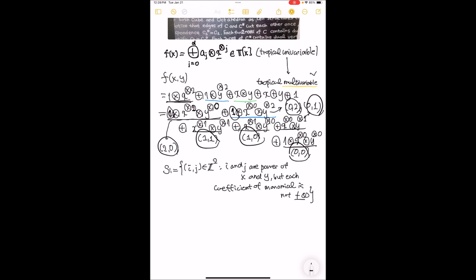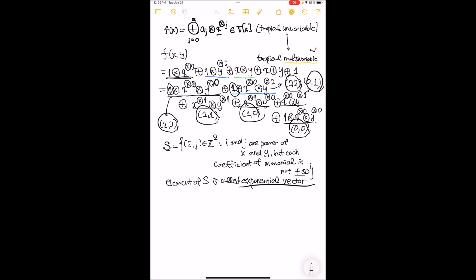So based on this collection, we call the element of S, that guy is a tuple, a vector, the exponential vector.